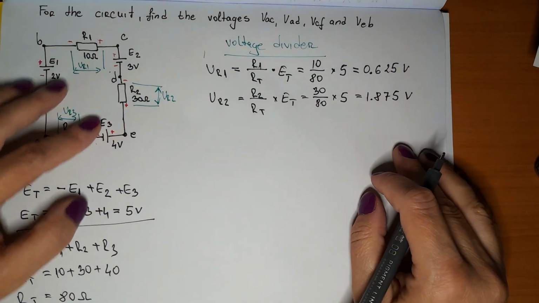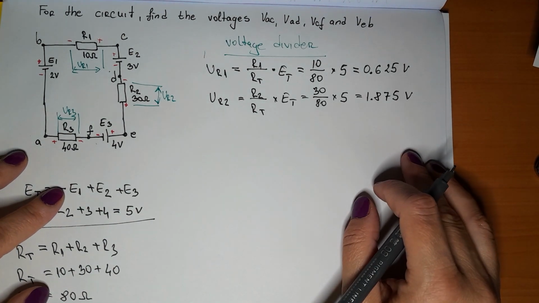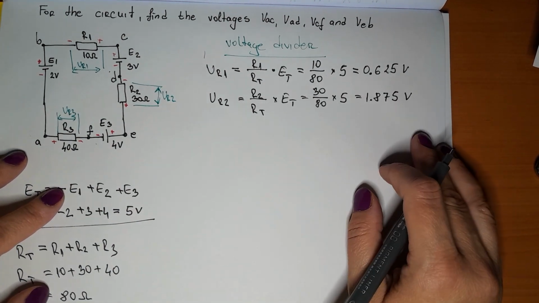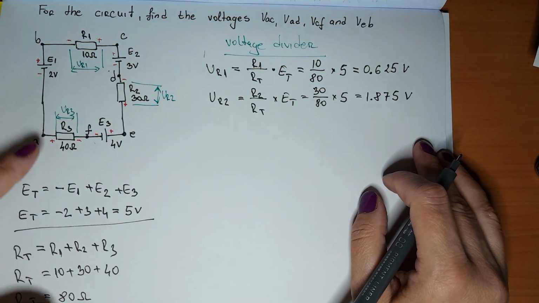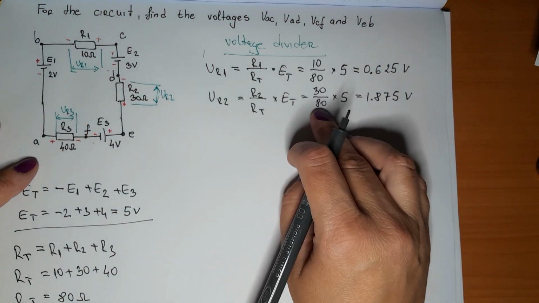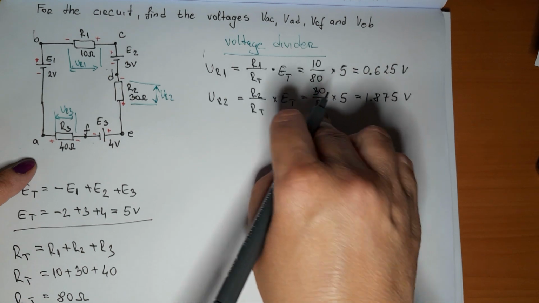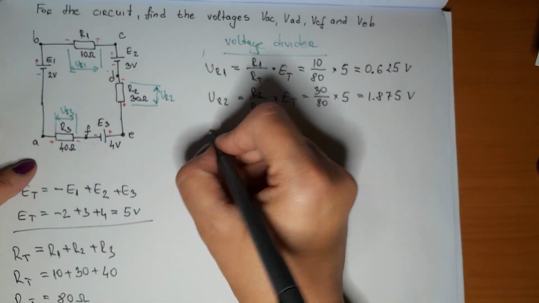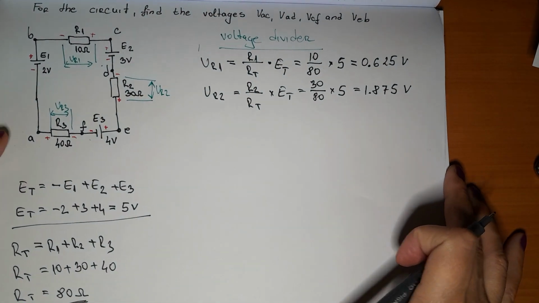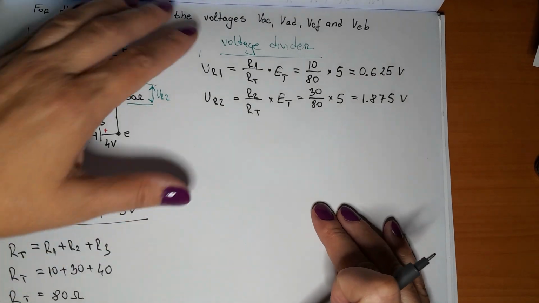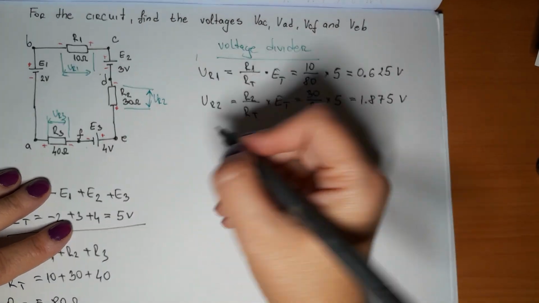I'm not losing time calculating, so I'm just writing the final result, so it's easier for you. Just divide these two and then multiply with this, or you can multiply first and then divide, but it's the same thing. If you have a question, please ask, comment below, and I will answer.